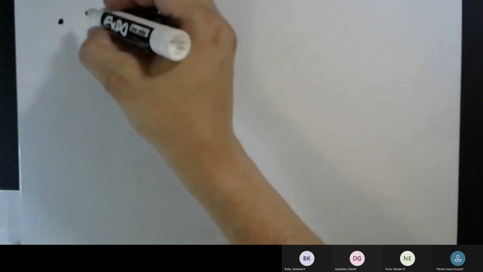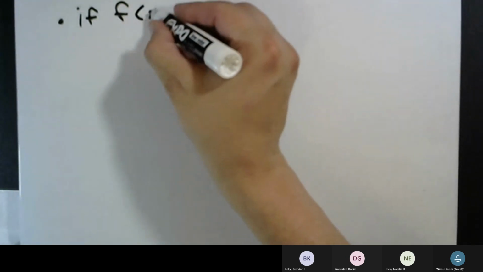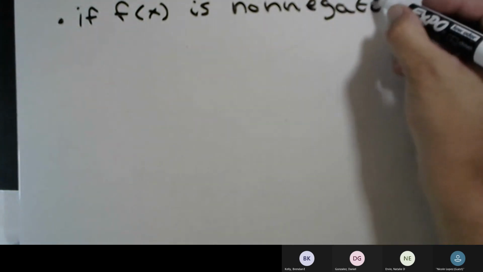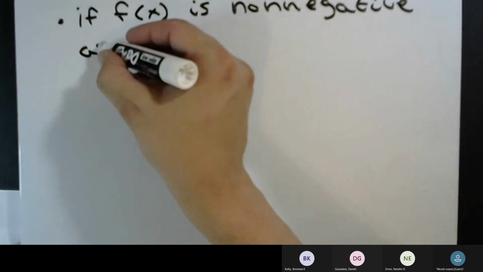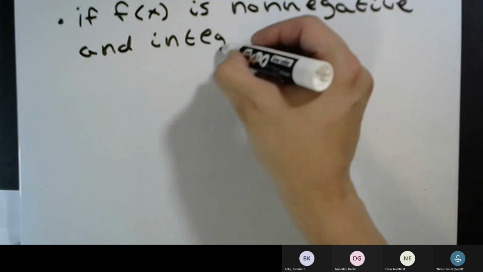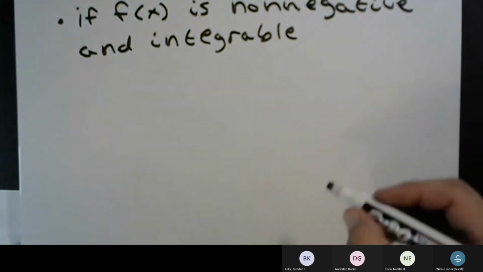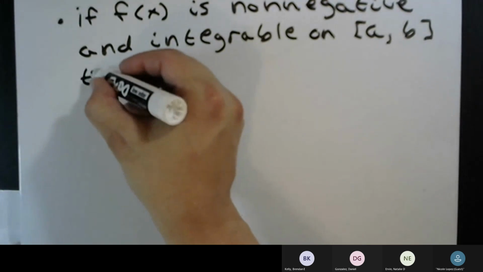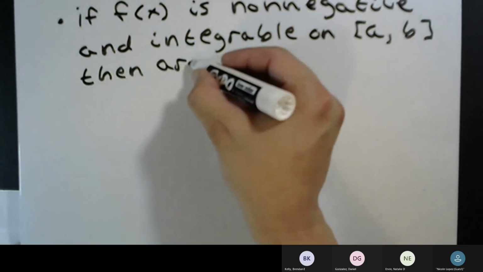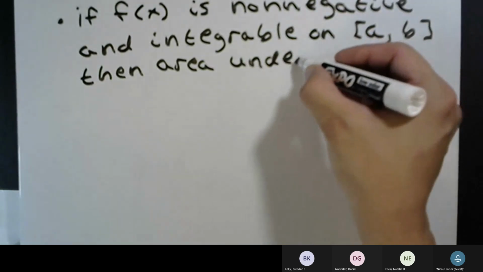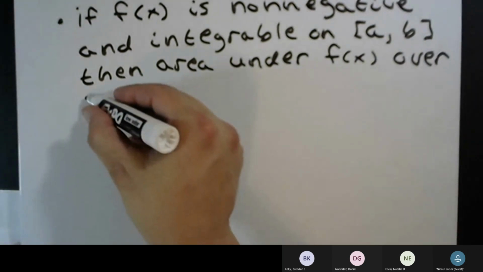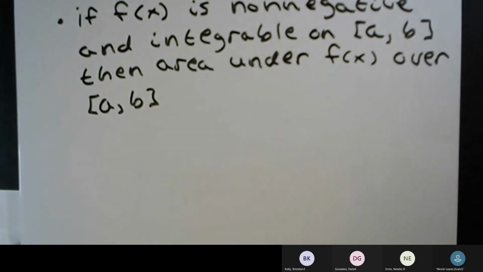And so finally, if f of x is non-negative and integrable on [a, b], then the area under f of x over that interval, so between f of x and the x-axis along [a, b], is the integral.